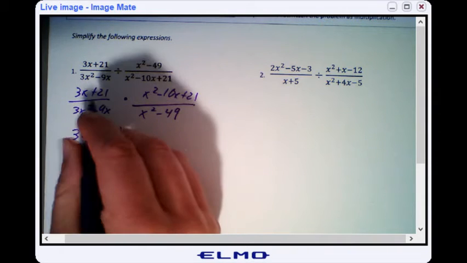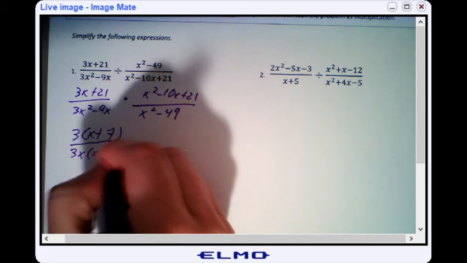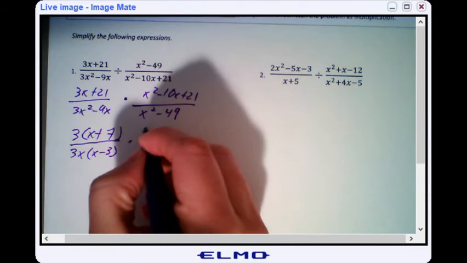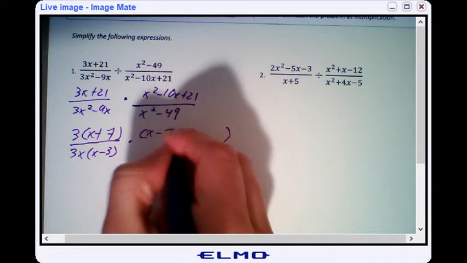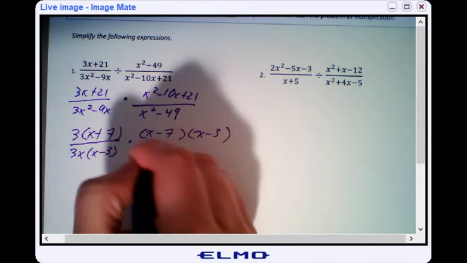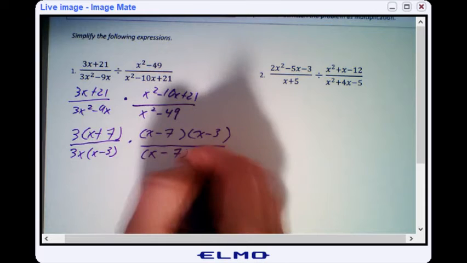The left denominator, I have a GCF of 3x. Right numerator is a trinomial. X minus 7, x minus 3. And denominator is going to be difference of squares.